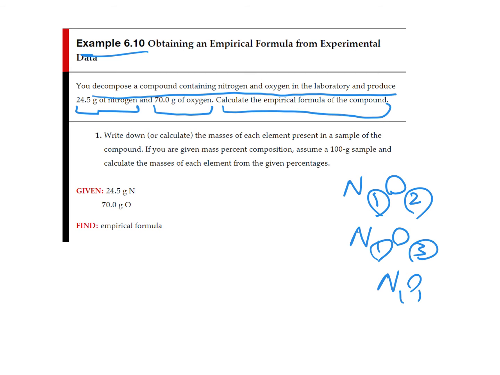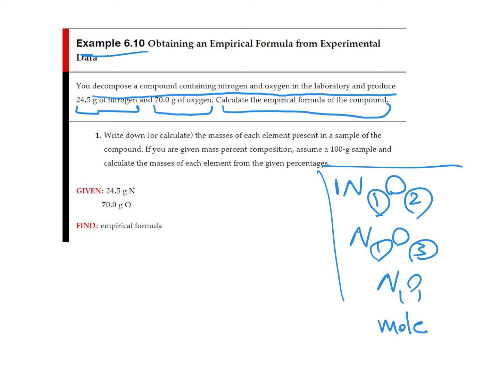Remember, 1 mole of your compound has 1 mole of nitrogen, 2 moles of oxygen, and so on, right? So we need to find moles. To find the empirical formula, you convert grams to moles. Is that clear why we do that?